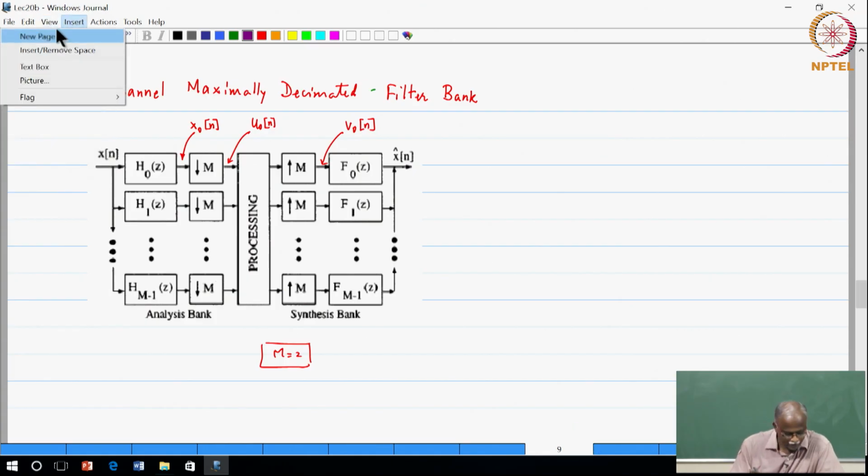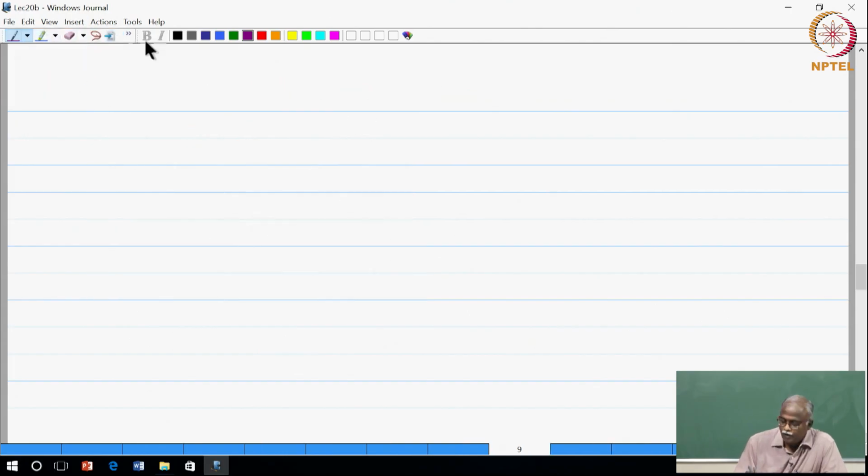One more step. So, step 1 of proving the equivalence is to move the upsamplers. Upsampling by a factor of m, upsampling by a factor of m, dot dot dot, upsampling by a factor of m, and no confusion as far as the data is concerned.